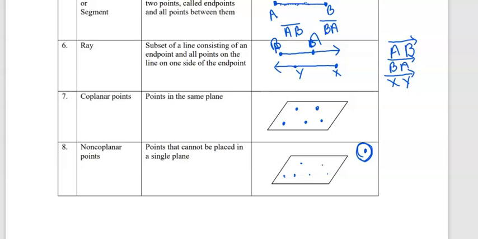Look in the room you're in, all four walls are a different plane. And then there could be an infinite number of planes drawn within the room that you're in, going all kinds of different directions. But if there is a single plane that you're looking at, and then there's a point that's not in that plane, that point is non-coplanar to the other points that are in the plane.